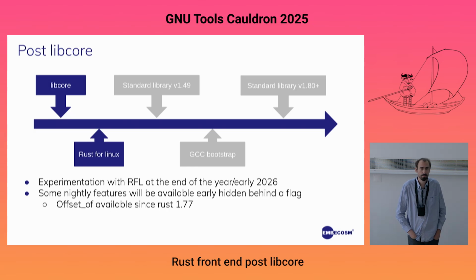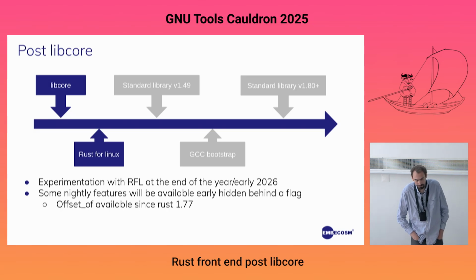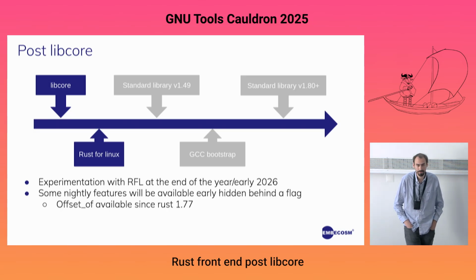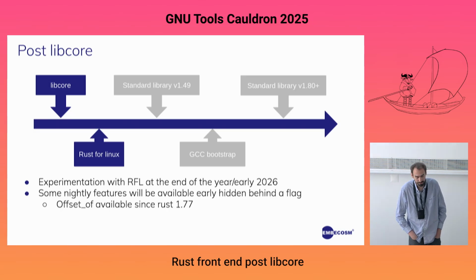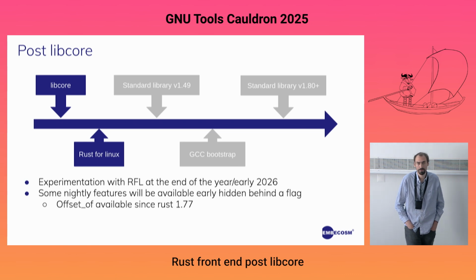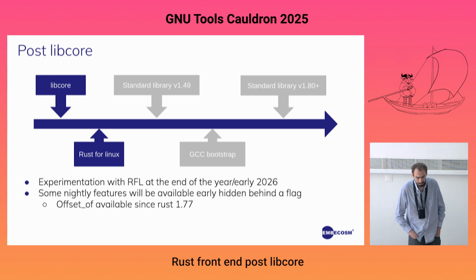We don't want to bump to every iteration of the standard library, every version of Rust, just to support Rust for Linux. So we'll introduce some features behind some flags just for Rust for Linux, in order to compile Rust for Linux correctly.